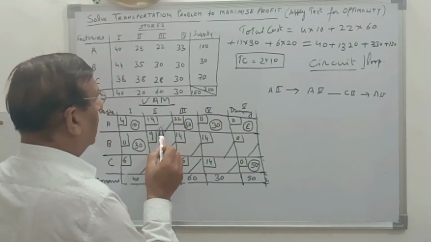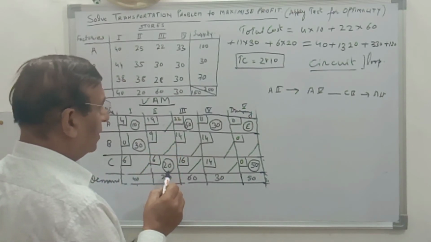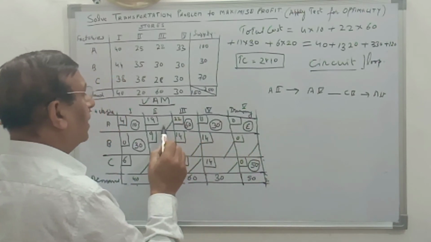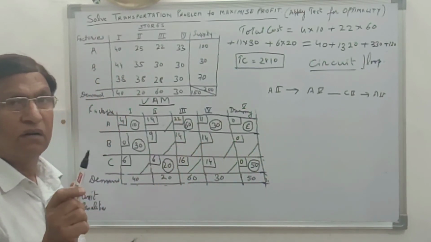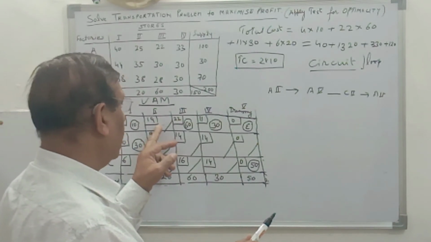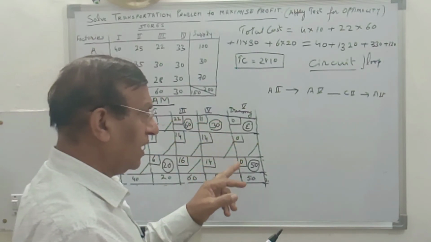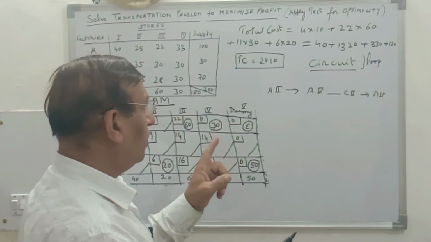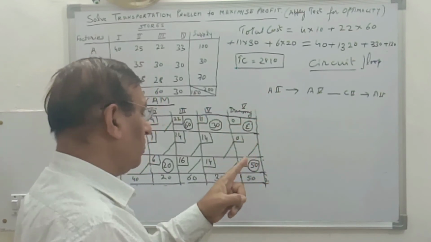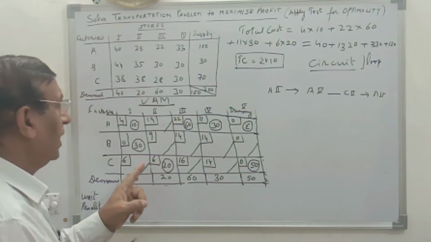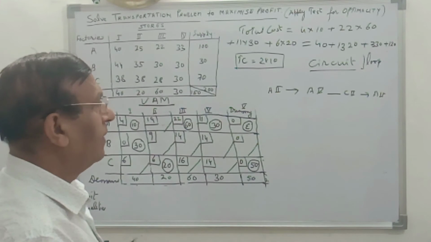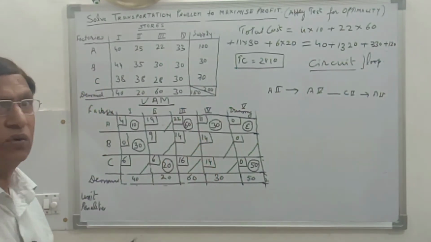From here you can come like this, then go to this, then go to this, then come back. You have to move from the blank cell to the occupied cell, turn from there to another occupied cell, again turn from there to the occupied cell, and come back to that cell. This is what the stepping stone method is.